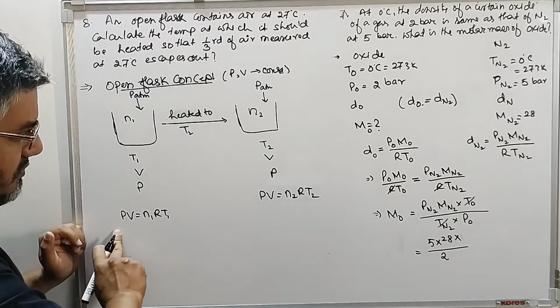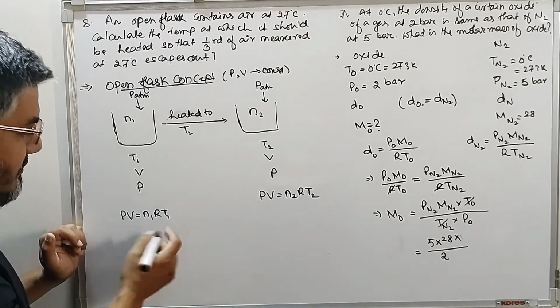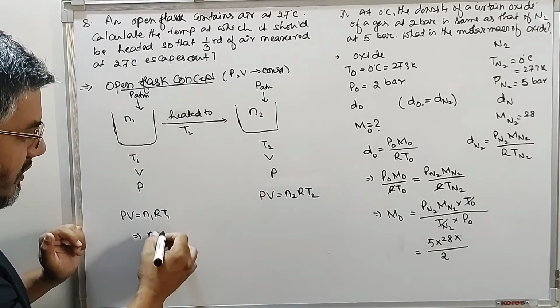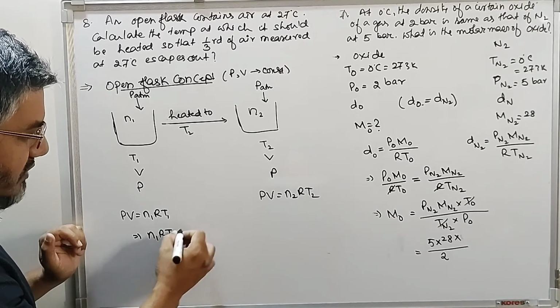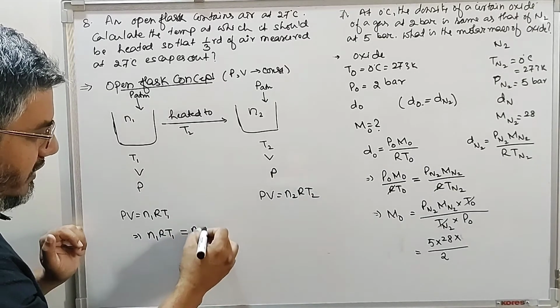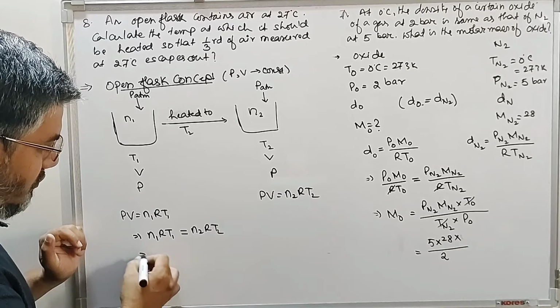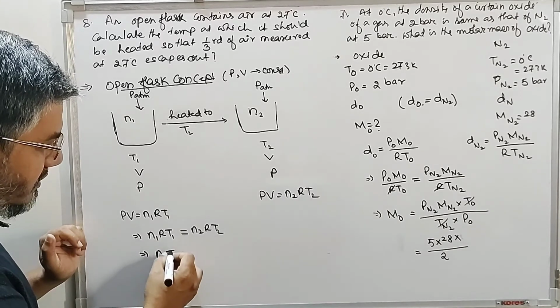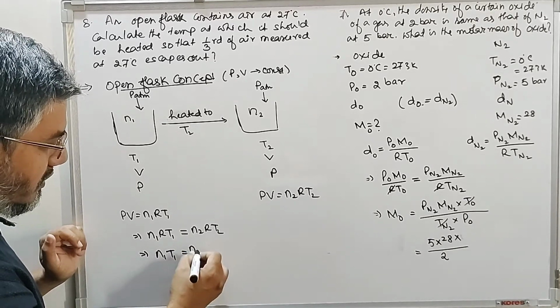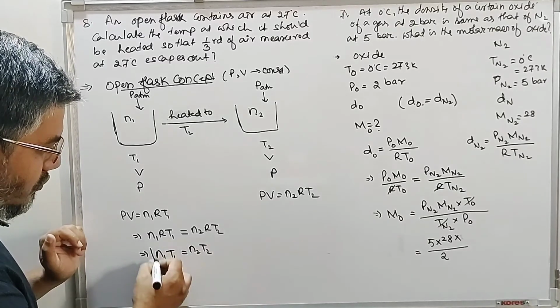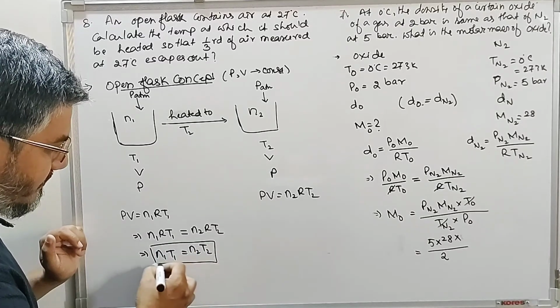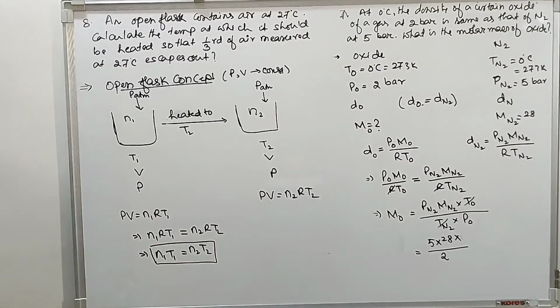Since PV is the same, N1 RT1 equals N2 RT2, or we say N1 T1 equals N2 T2. So whenever we have an ideal gas in the open vessel or open flask concept, N1 T1 equals N2 T2.